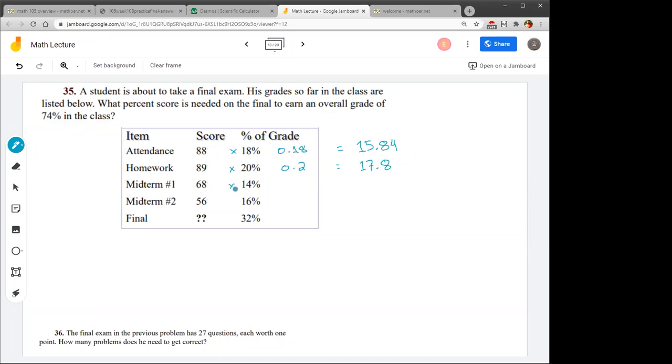Midterm number one is 68 times 0.14, which gives us the expected value of 9.52. And then midterm two, 56 times 0.16 gives us 8.96. And then we're gonna add all of those, which I haven't gotten that far yet. So give me 1 second to give you the answer.